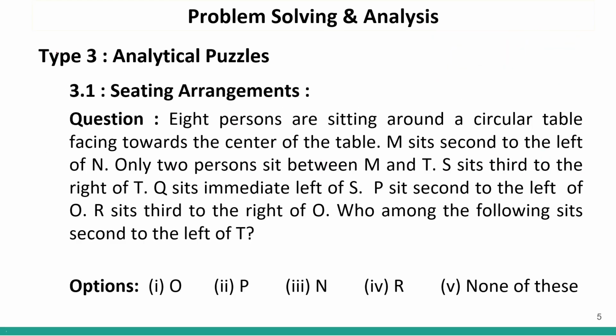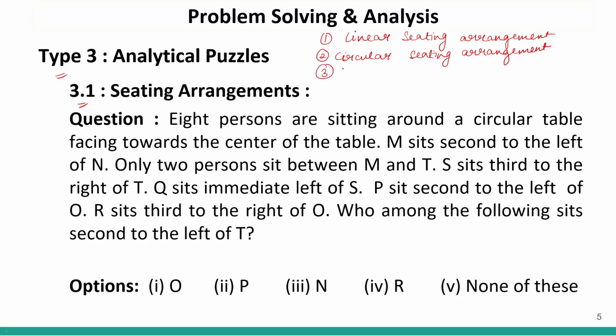Now let us look at type 3, analytical puzzles, 3.1 seating arrangements. So in seating arrangements, you basically get 4 types of questions. That is linear seating arrangement. Second is your circular seating arrangement.